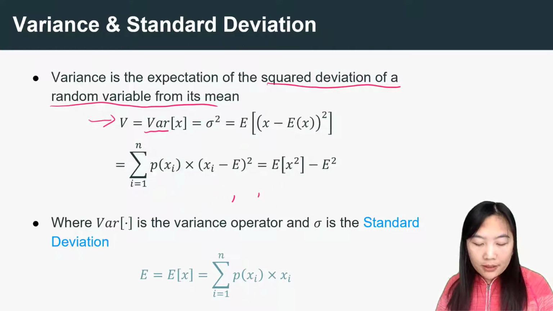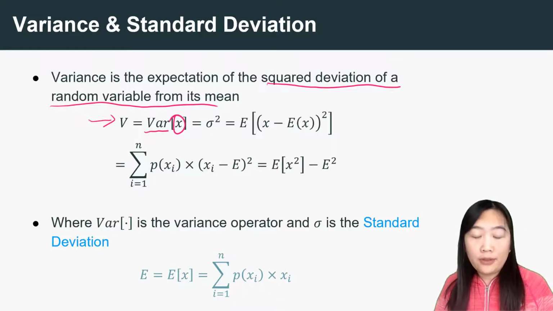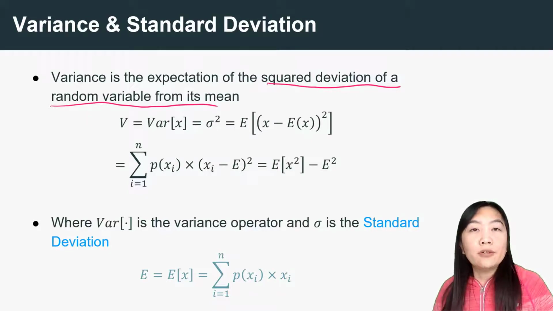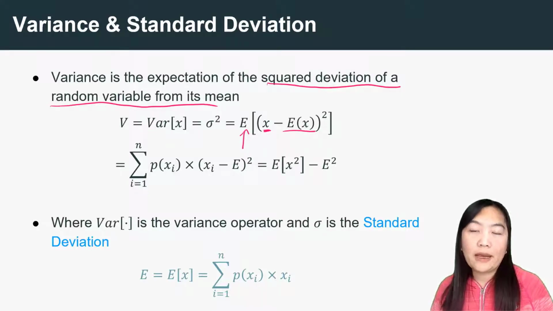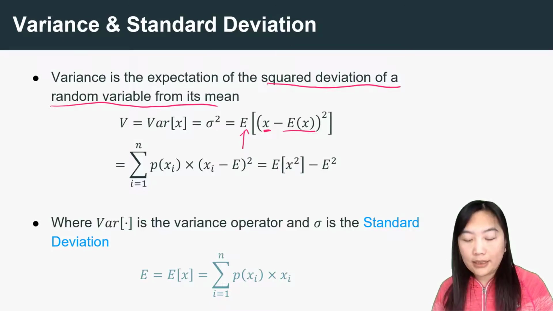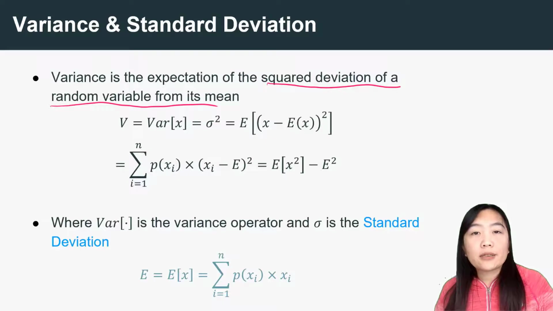So the milk yield X is a random variable and it has different realizations. The variance is the expected value of X minus its mean, or the expected value of X, and then you take the square and calculate that expectation.